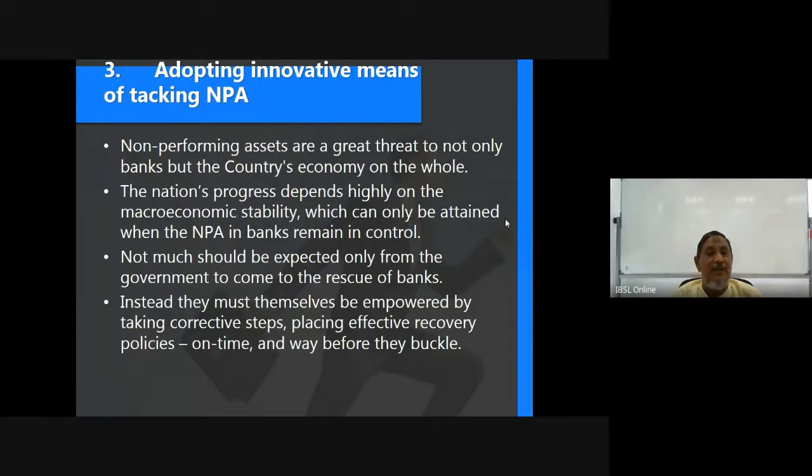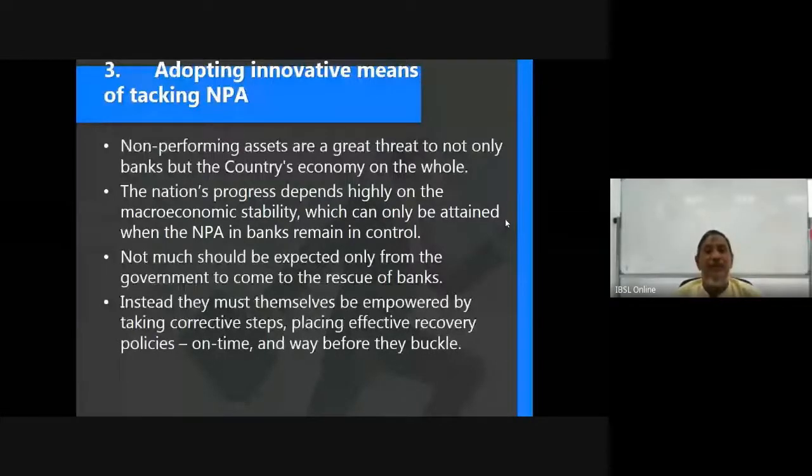So it spread to all other private sector banks. Customers tried to withdraw from other banks also. The central bank intervened and managed to control it. Otherwise, the entire economy would have collapsed.